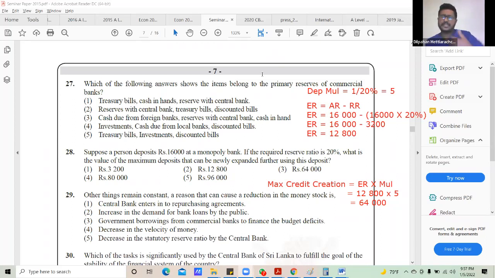Right. That means you have identified the pattern, understood the pattern, and that's how you get the answer for these kinds of calculations. So you can see, they are repeating the same question by changing the numbers and making some little changes, but the mechanism is the same. For the banking system, it depends on these three equations: multiplier, excess reserve, credit creation calculation.